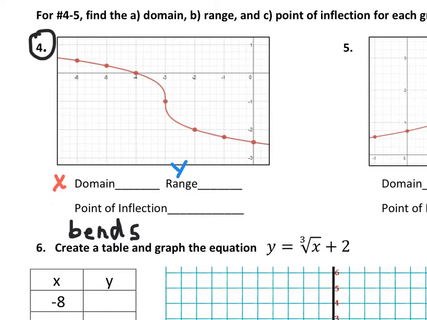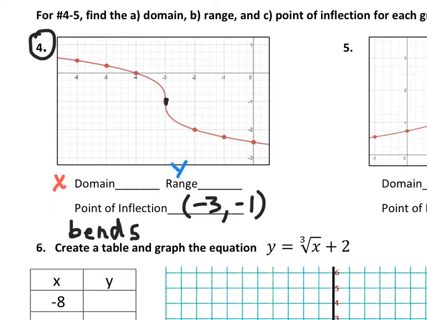So let's start with that one. We can see that the cube root graph bends at this point here, and it looks like that point is the point (-3, -1). So that is our point of inflection.